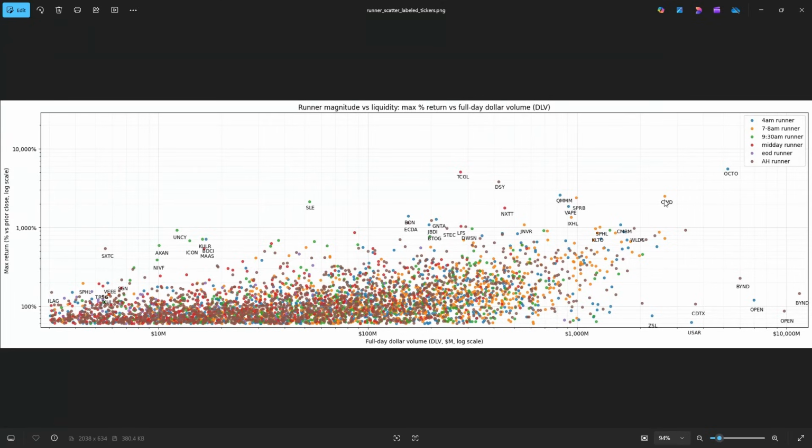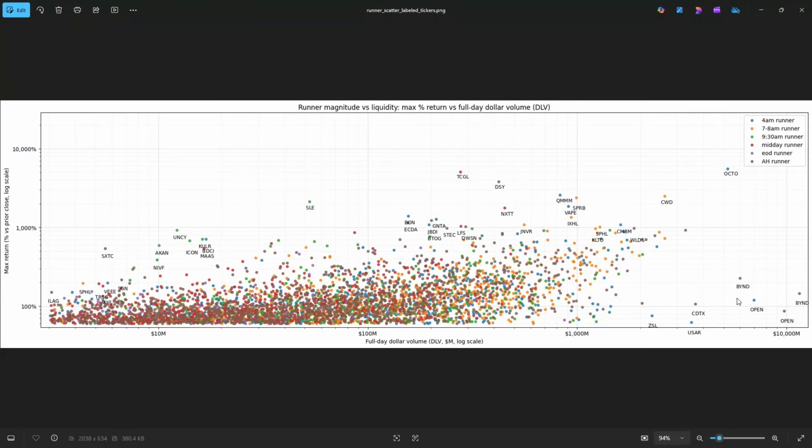CWD, same thing. And you're also going to see some of the most egregious China names in recent memory, TCGL, QMMM, etc. Now, what's the difference between these guys here that ran on high dollar volume and went to 10,000% or whatever, and these guys here that ran on the biggest dollar volume but did only 100% or 200%?